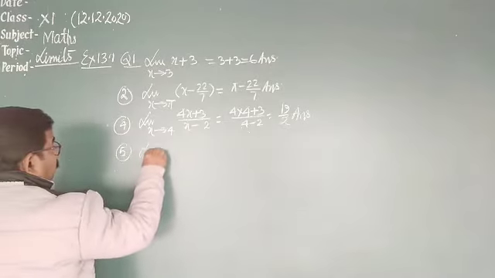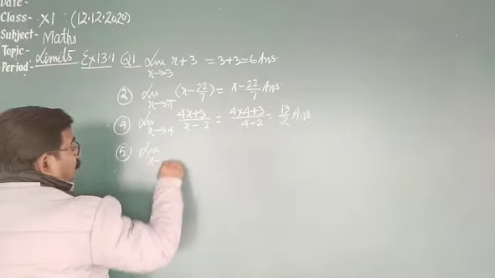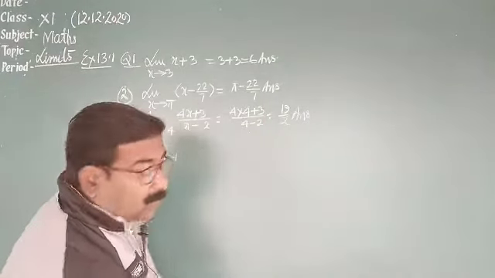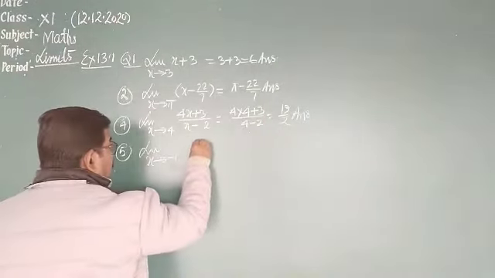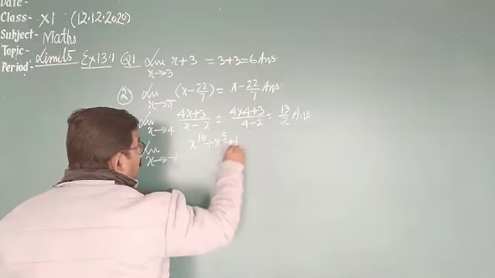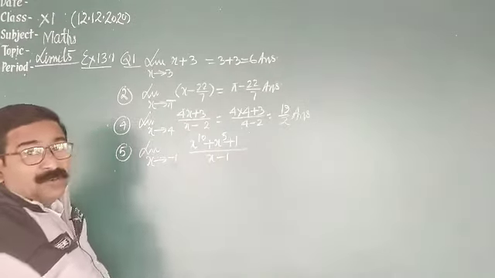Fifth question, limit x tends to minus 1 and the function is (x to the power 10 plus x to the power 5 plus 1) upon (x minus 1). What we do?